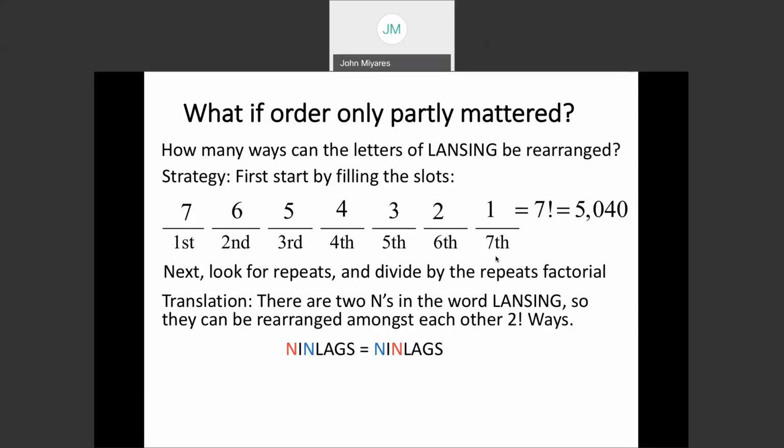So what we're going to do is divide the 7 factorial ways to fill the slots by the 2 factorial ways that those 2 N's can be flipped amongst each other, and that will give me an answer of 2,520.